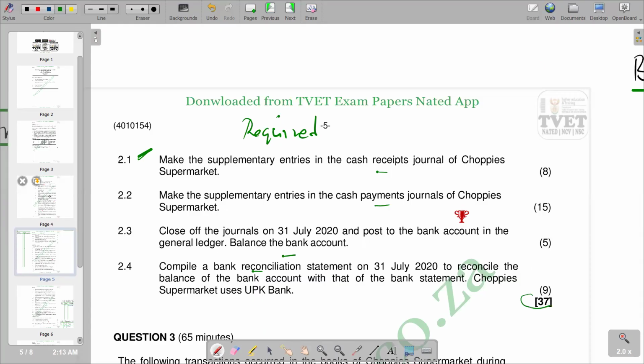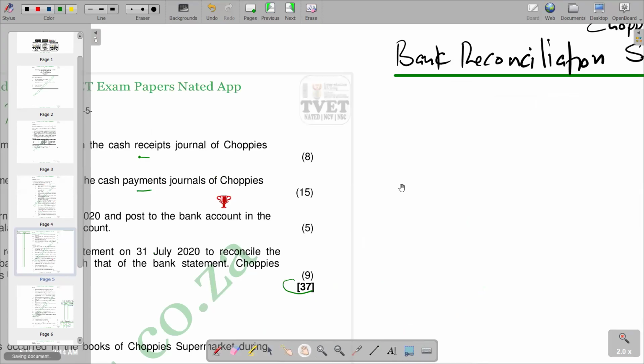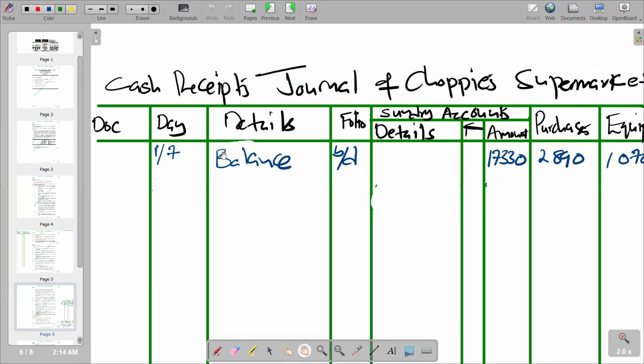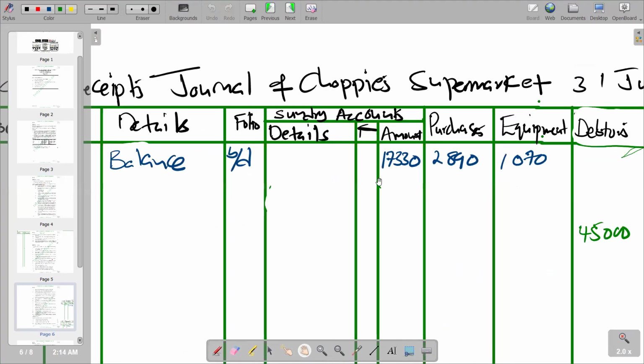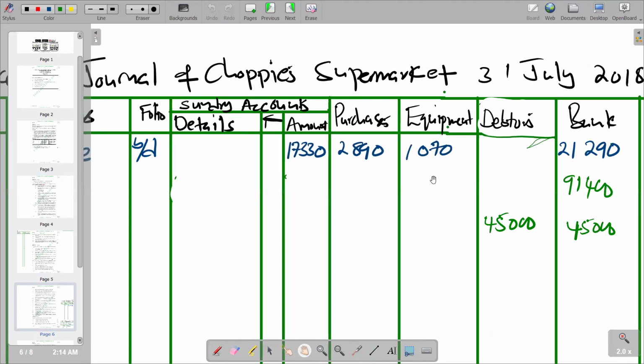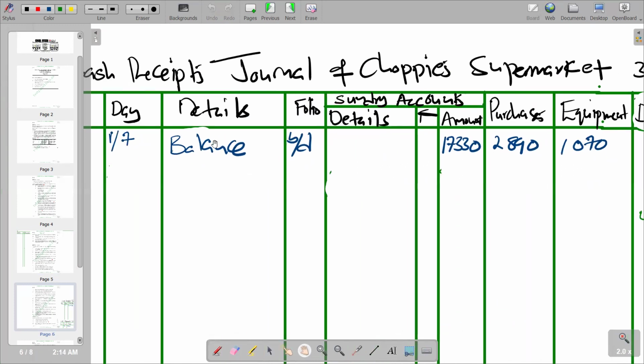So going back to our question, obviously we want to know our opening balance, but before we go there, we can look at the cash receipts journal and the cash payment journal, as we have pre-entered figures there. Opening balances are pre-entered in both journals. In the cash receipts journal, we've got our sales account, purchases, equipment, and also the debtors account pre-entered there.